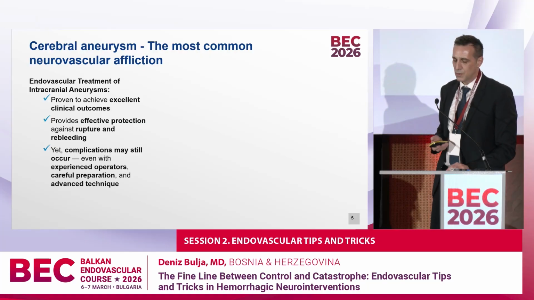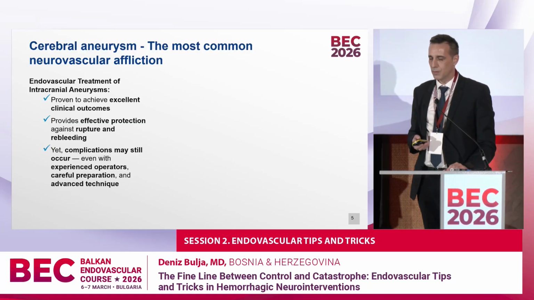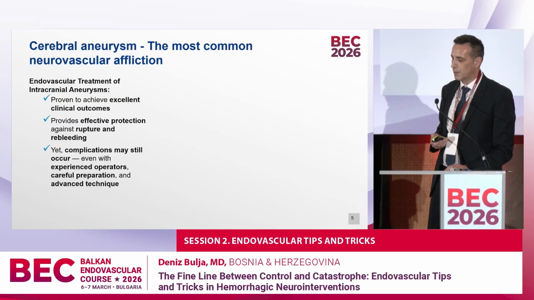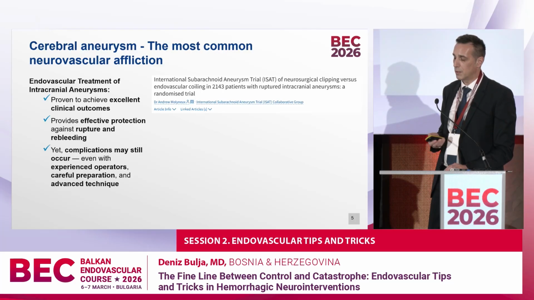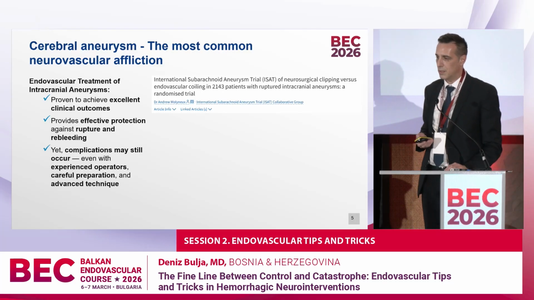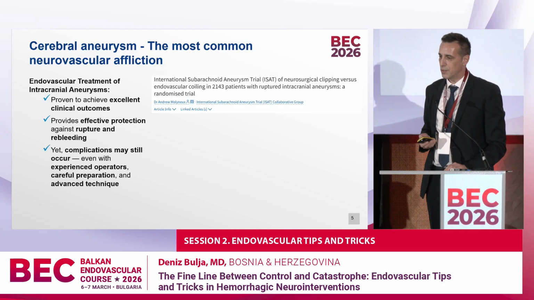The majority of cases were cerebral aneurysms, the most common neurovascular affliction. Why? Because it can be treated with excellent clinical outcomes, it provides effective protection, and yes, complications may occur, but we are there to foresee them and manage them.